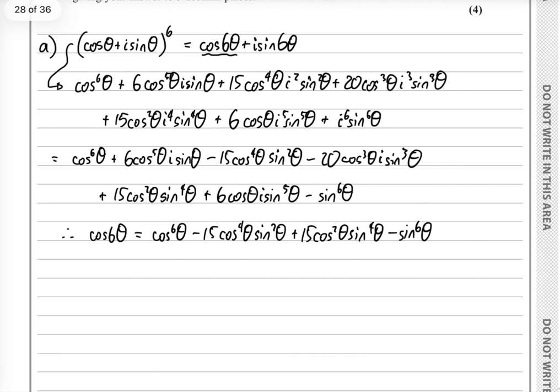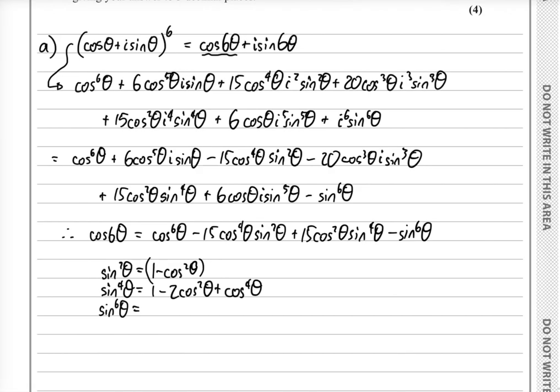So now we're going to have to use the fact that sin squared theta is equal to 1 minus cos squared theta. But we're also going to need sin^4. So sin^4 theta is just the one above squared, so 1 minus 2 cos squared theta plus cos^4 theta. And then we also need sin^6 theta, which is the 2 above it multiplied together.